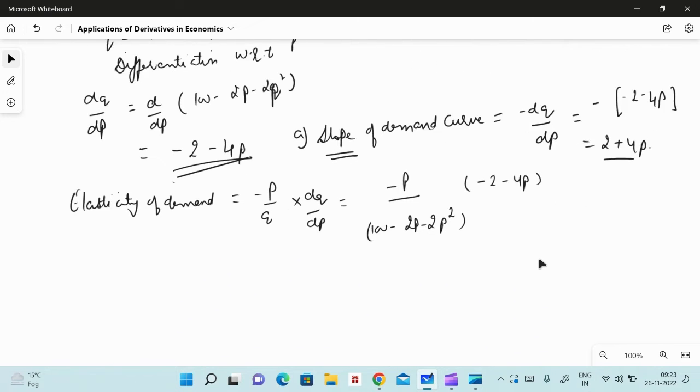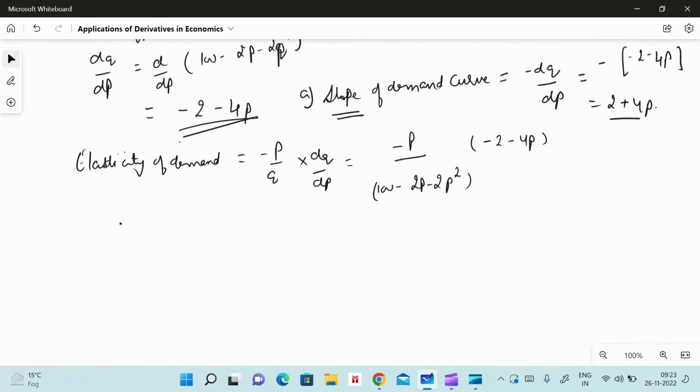If we open the brackets, it gives me 2p plus 4p square, divided by 100 minus 2p minus 2p square.